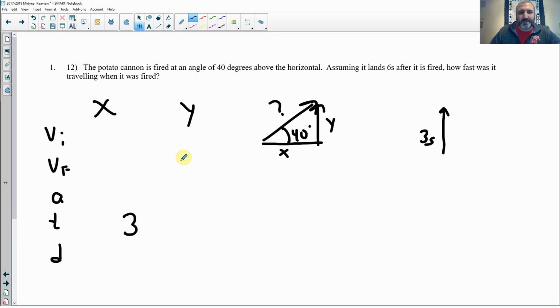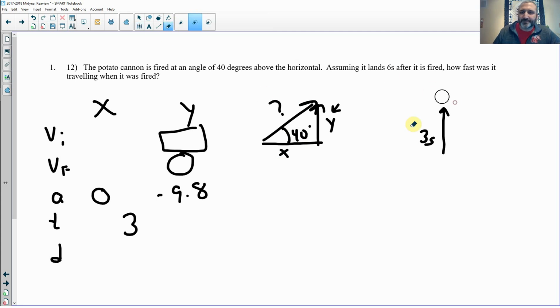And after 3 seconds going up, I know the final velocity was 0, and I know the acceleration was negative 9.8. And here I know the acceleration is 0. Now, why is this important? Because I can use this 3 seconds, this negative 9.8, and this 0 to figure out my initial velocity. And if I have the y dimension and the angle, I can figure out the hypotenuse. I really hope you follow the logic.